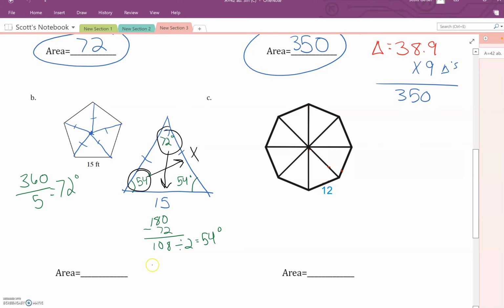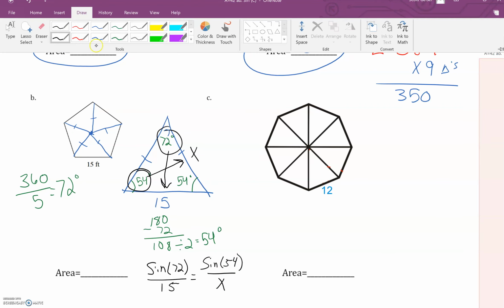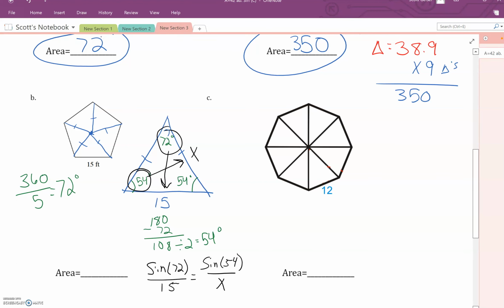So I could do the sine of 72 over 15, which is equal to the sine of 54 over x. Go ahead and solve for what that x would be. After you cross multiply, you should get something like x is equal to 12.8.